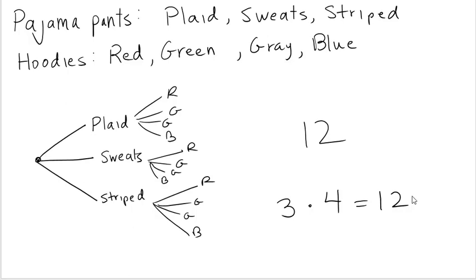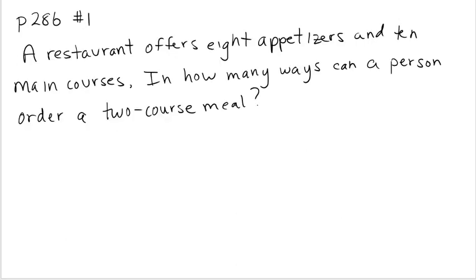So rather than counting out the number of ways this can happen by making a tree diagram or listing all of the possibilities, I simply could have multiplied the number of options for the first choice by the number of options for the second choice. And this is a specific case of what we call the fundamental counting principle. So let me demonstrate this with a couple of examples from the book.